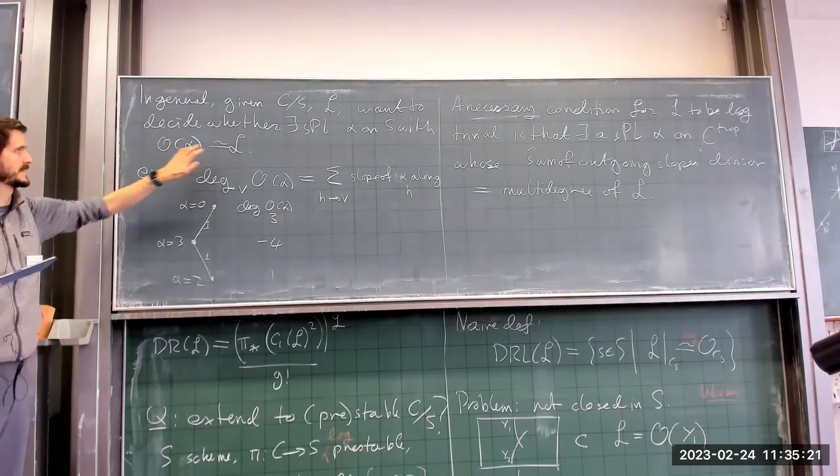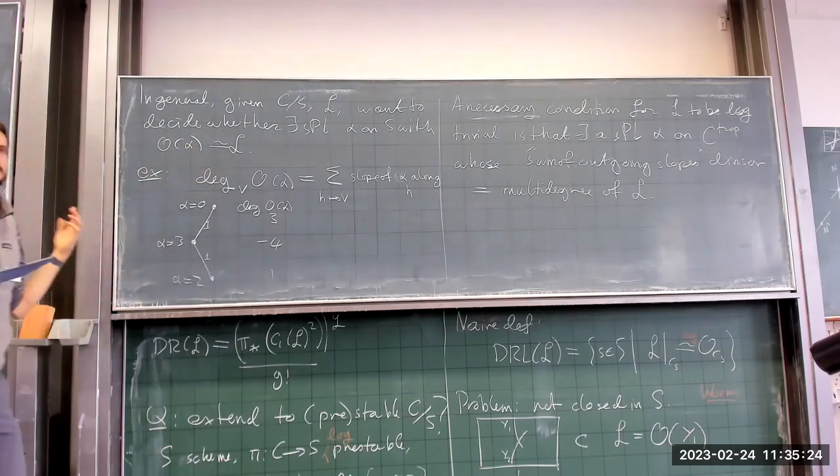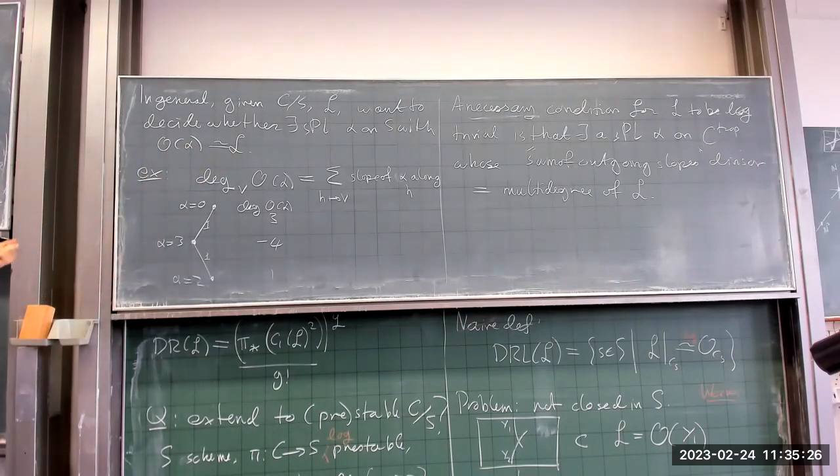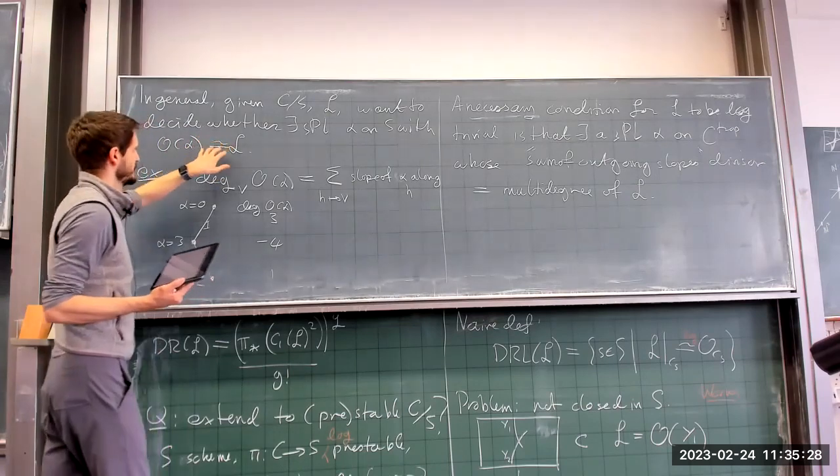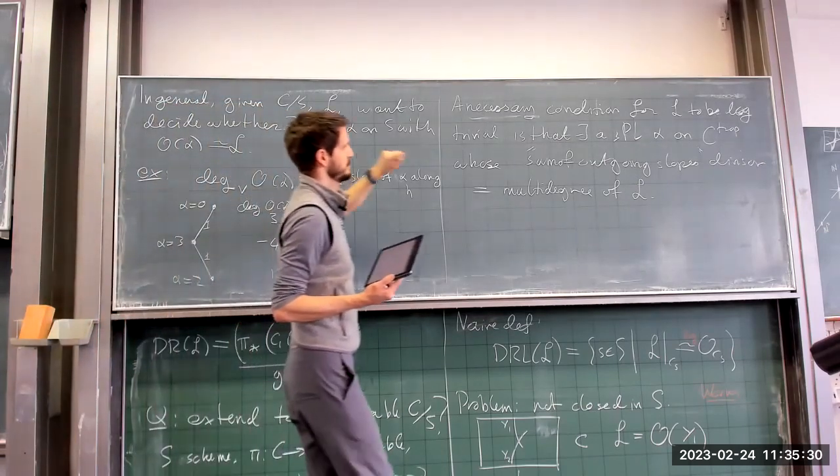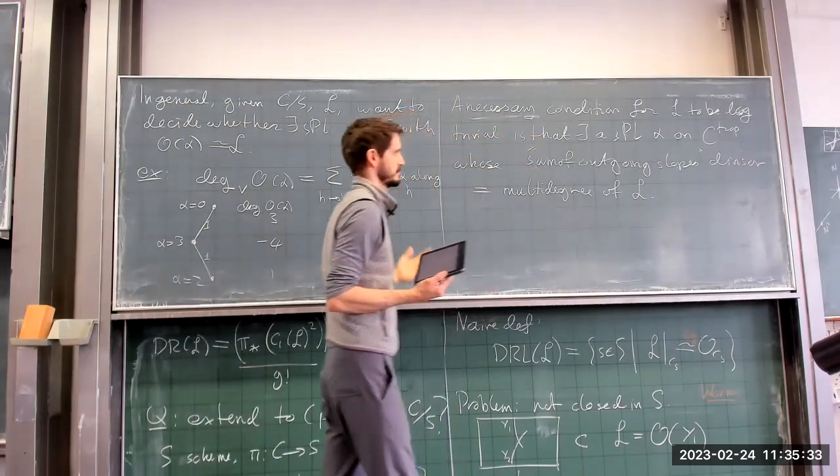But if this is going to be true, then in particular, these two line bundles have to have the same multi-degree. And so a necessary condition, if there's any chance for this to be true, is that we better find a piecewise linear function which at least gives us the right degree.